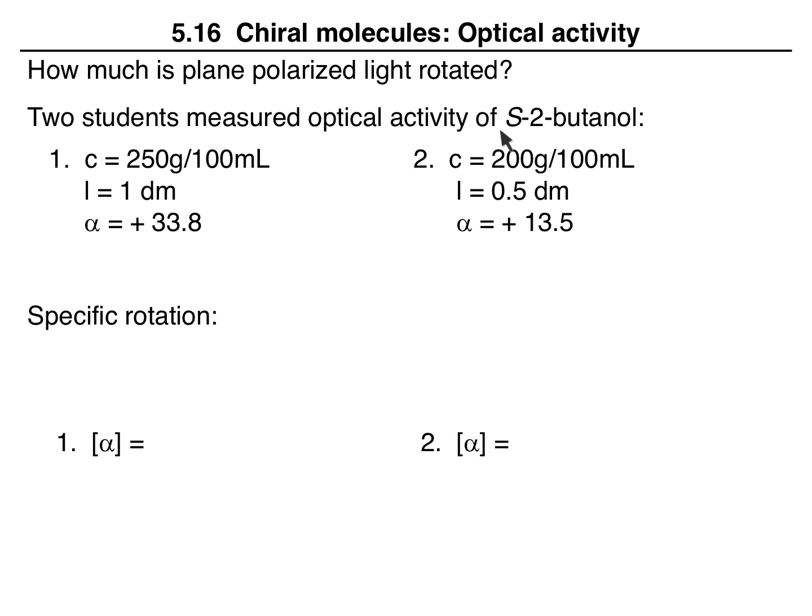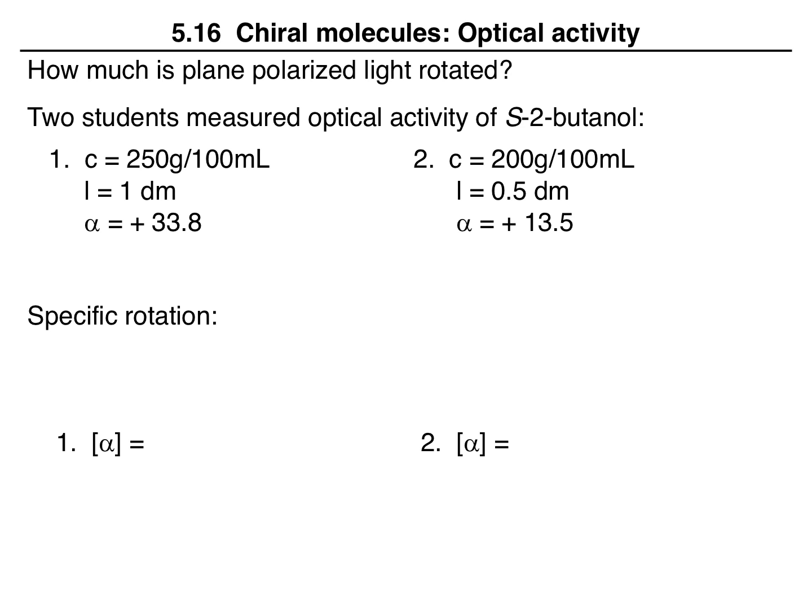Student 2 also made up a sample of S-2-butanol. Theirs was 200 grams per 100 mLs. They used a polarimeter cell with a length of 0.5 decimeters, and they measured a rotation of plus 13.5. So this seems like a problem, but we have different samples.